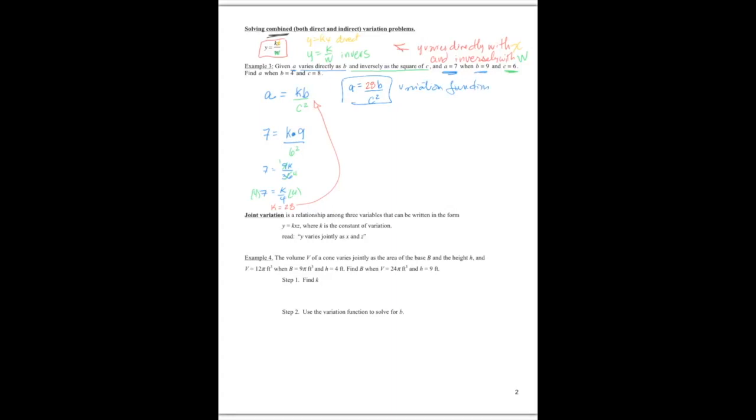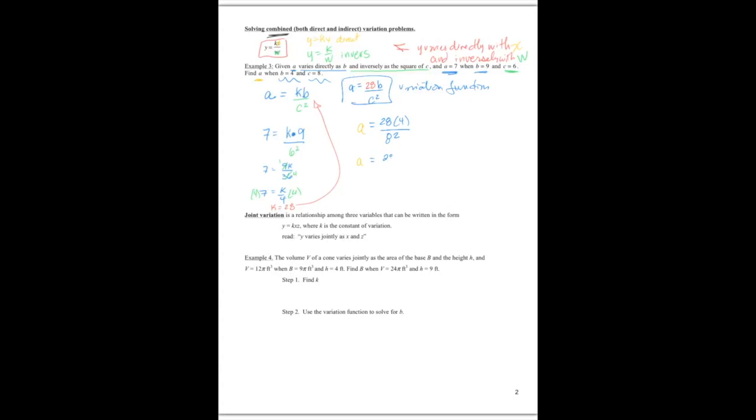Now, we have been given additional information that will allow us to solve for one of the variables using this variation function. We're trying to find A. When B equals 4, substitute in 4 for B, and C equals 8. If I continue to solve for A, I get 28 times 4 over 8 squared.